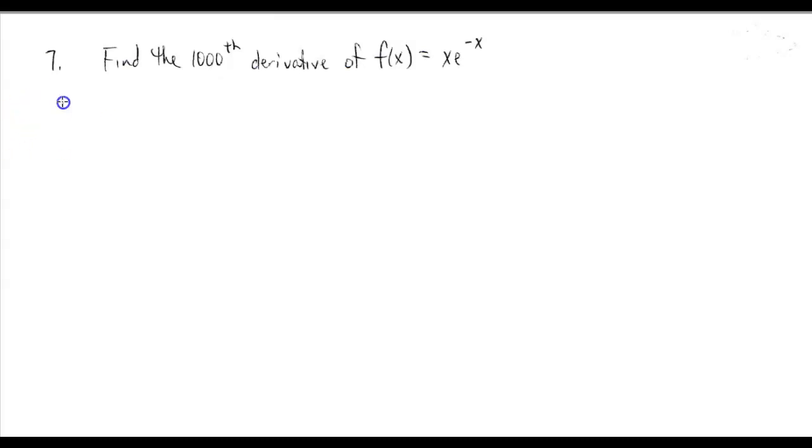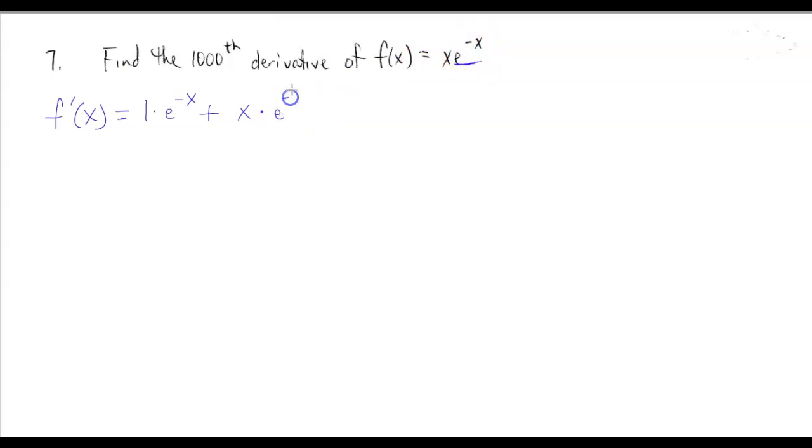All right, so let's find out the first derivative of this function here. So if we take the first derivative, remember we're doing the product rule. So it's derivative of the first, which is just 1 times the second plus first times derivative of the second. And remember that the derivative of e to the minus x is a composition function.